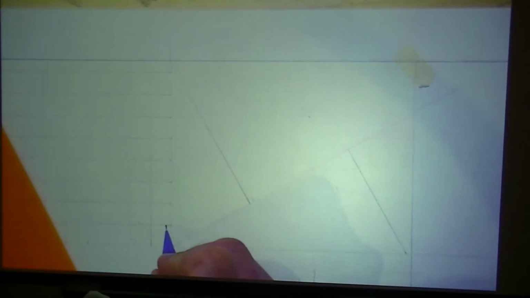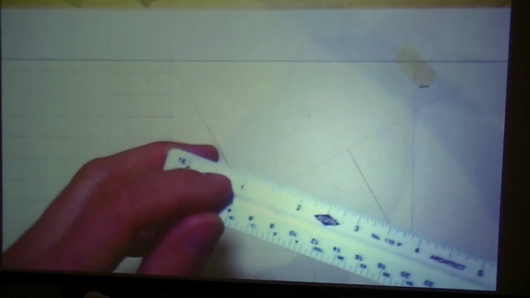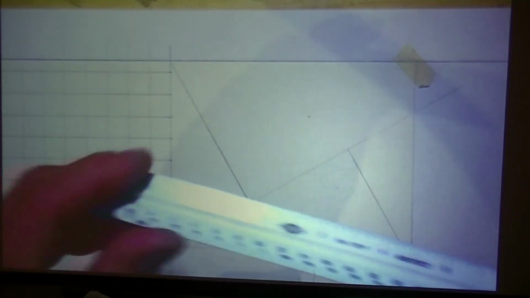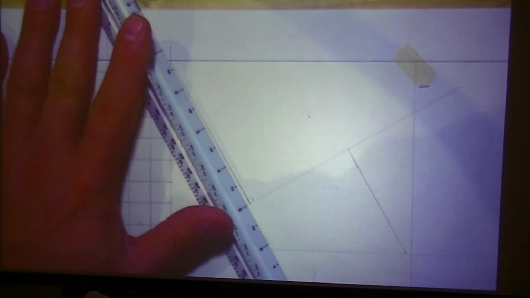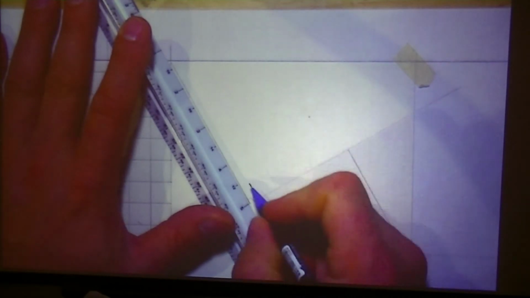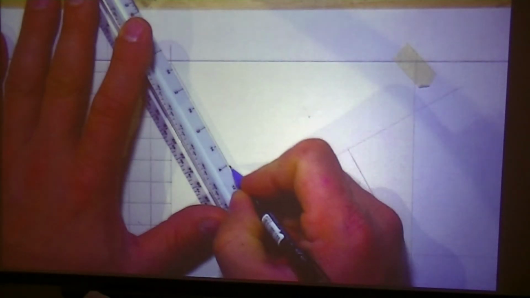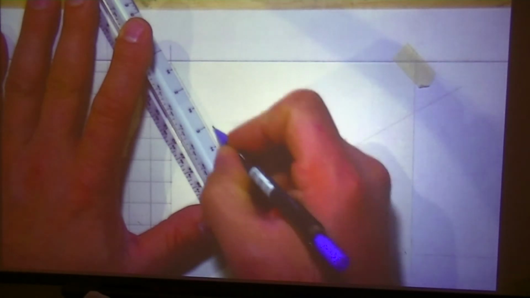And I'm going to measure off of that first 30-degree line that I made every half of an inch up using either the ruler or the half-inch scale. And that line again is perpendicular, just like it was in the first quadrant.